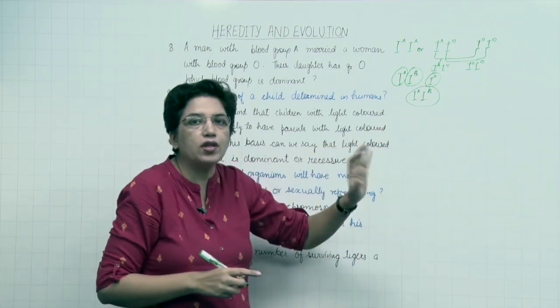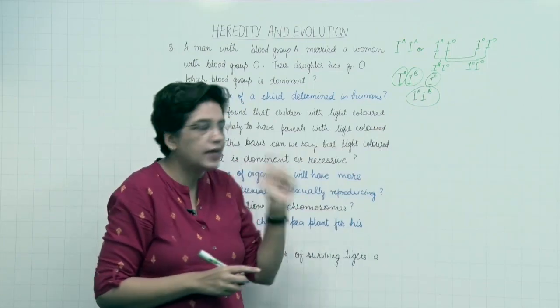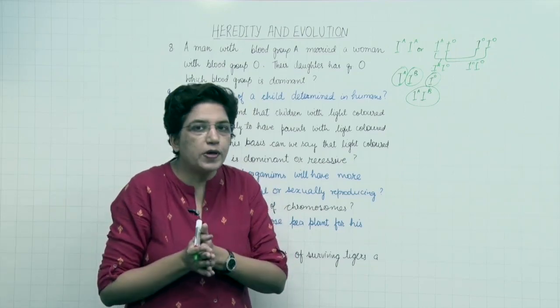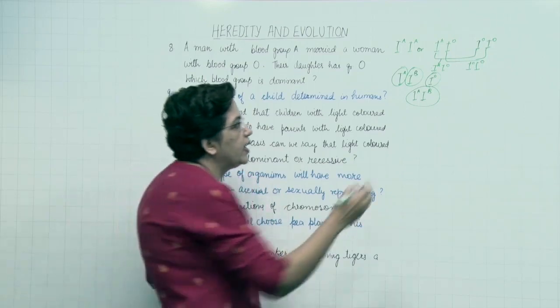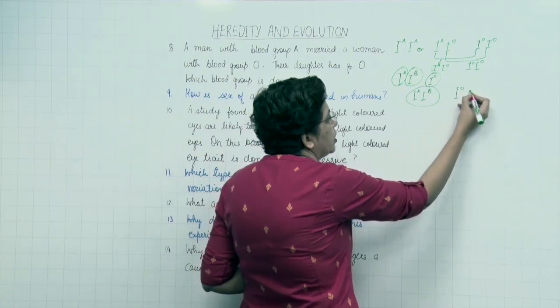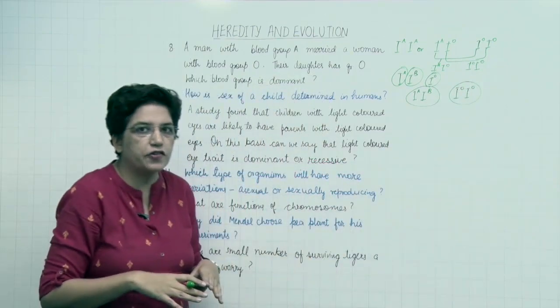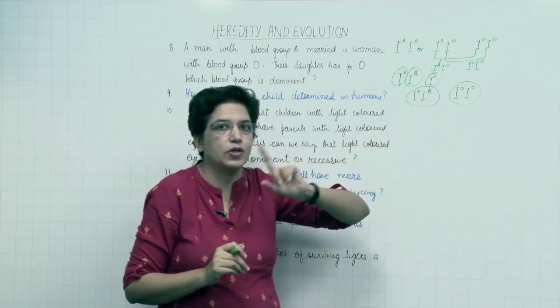So, he has both, that is why the blood group is AB. While on the other hand, if a person has blood group O, then both the traits contain O because it is a recessive gene, then there is only one possibility.